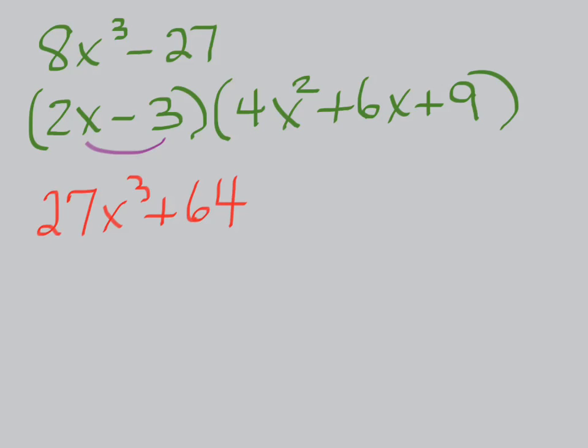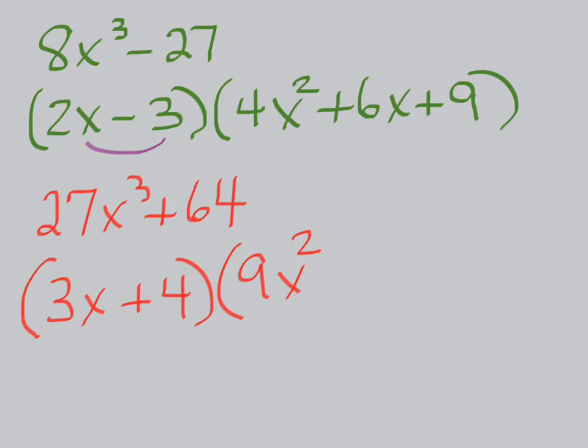Here's another one. So our first term is 27x cubed plus 64. So the cubic root of 27x cubed is 3x. And the cubic root of 64 is 4. And we just bring down our positive, put our 4. Then we're going to have another trinomial, 9x squared, because 9x squared times 3x is 27x cubed.